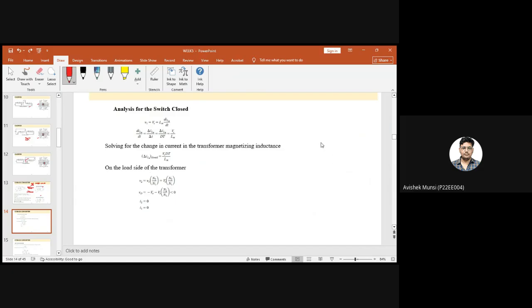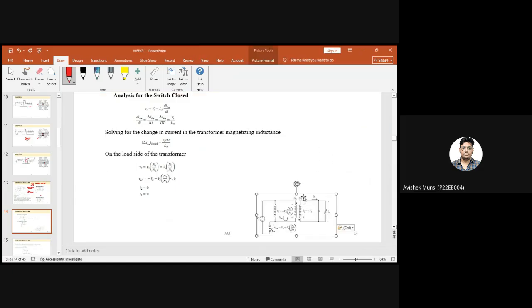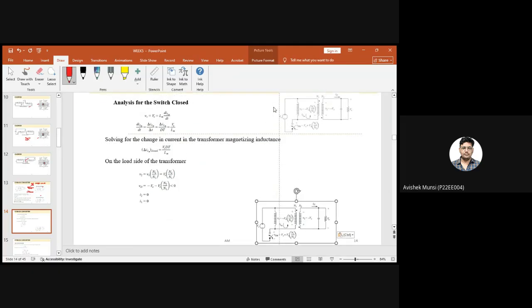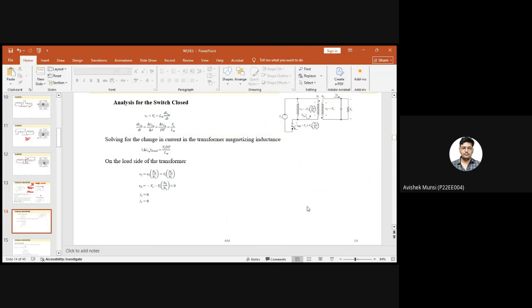When the switch is closed, then if you apply Kirchhoff's law, we'll get V1 equal to Vs, Lm di/dt. As we said in the last lecture, that can be written as the ripple in the inductor current divided by the total time, that is T on time, equal to dt. So that will be V1 by Lm.